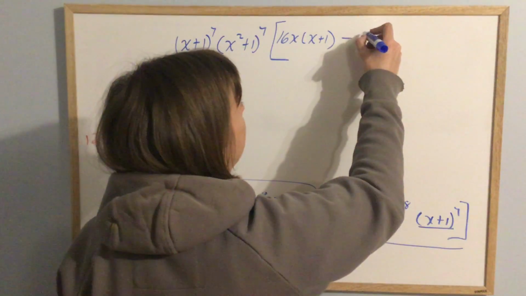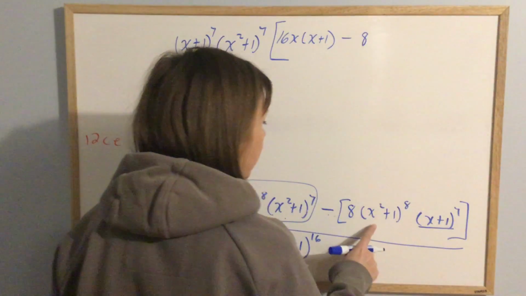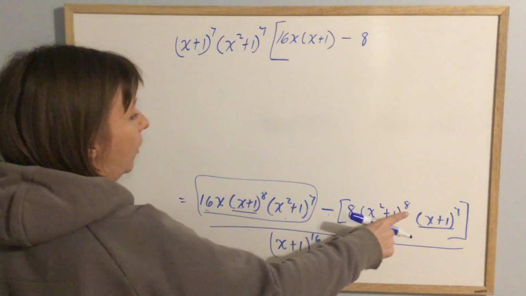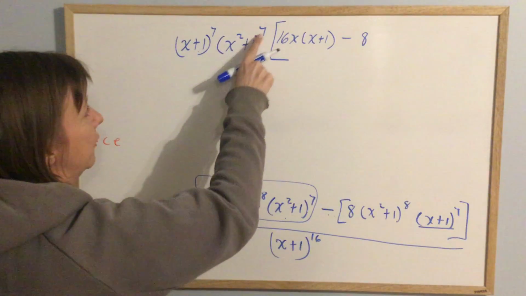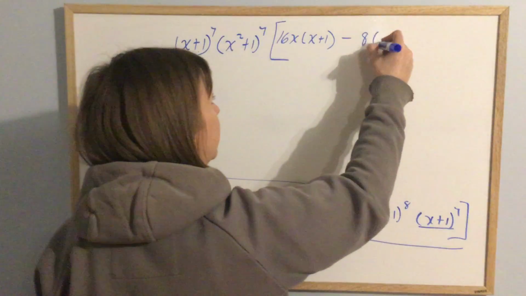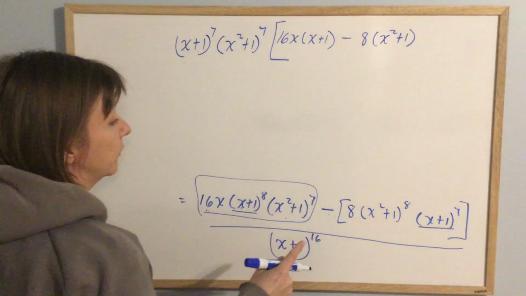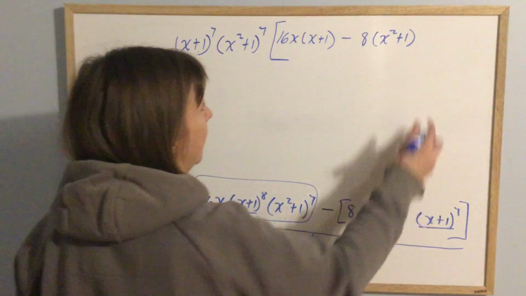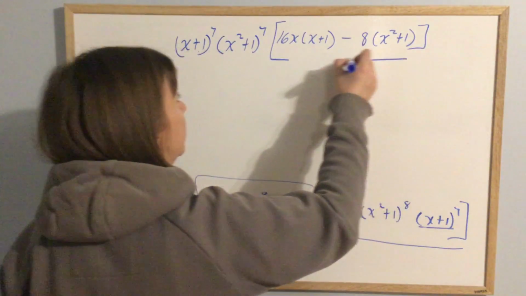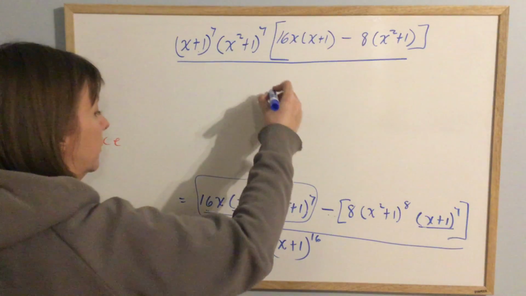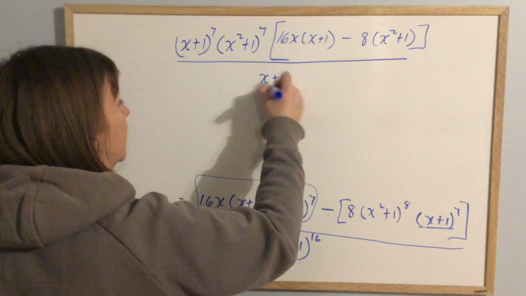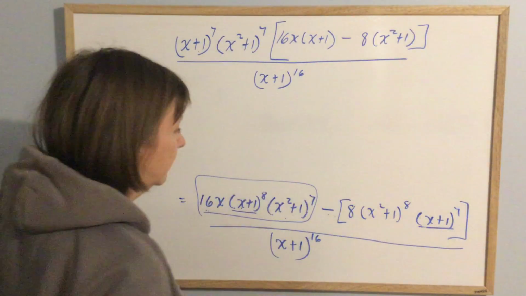I still have the 8. X squared plus 1, I had 8 of them, but I took 7 of them out, so I still have an x squared plus 1. I just have 1 of them left. And I took out all 7 of those. So that's what I have left. All over (x plus 1) to the 16th.